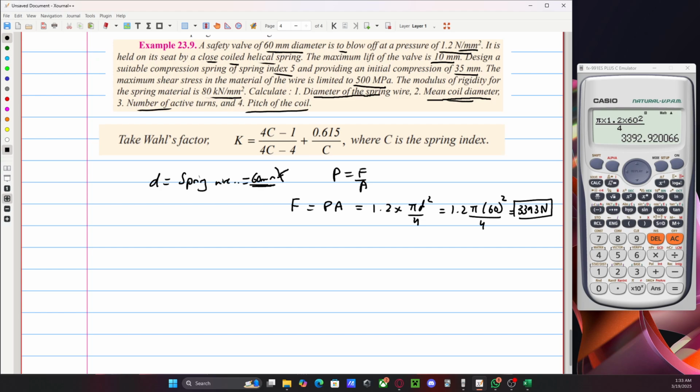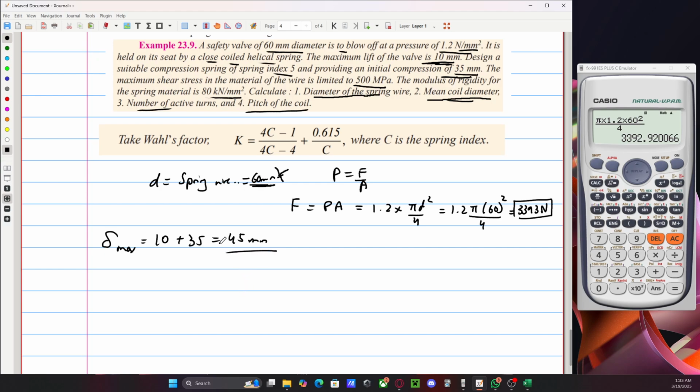Now, the maximum compression would be what? If you look over here, the initial lift is 10 millimeters, and then we have to provide 35 millimeters as well. So the max would be 10 plus 35, so we get 45 millimeters max extension.